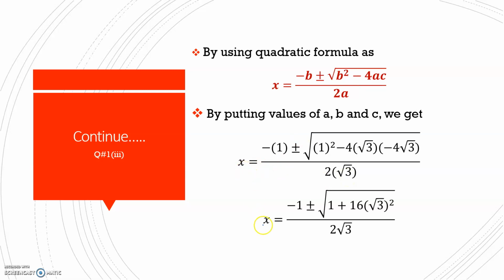So we will simplify it as x is equal to minus 1 plus minus 1 square is 1 minus minus plus 4 4s are 16, and when square root of 3 is multiplied by square root of 3, we will get square root of 3 whole square. This 2 will be cancelled out with this square root sign over 2 into square root of 3.